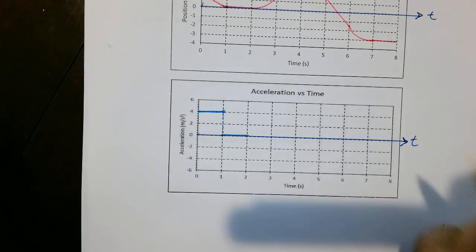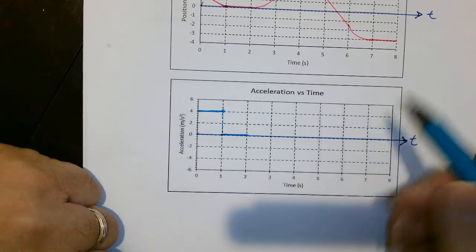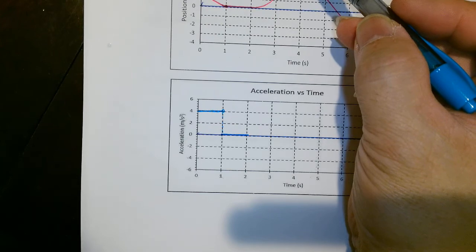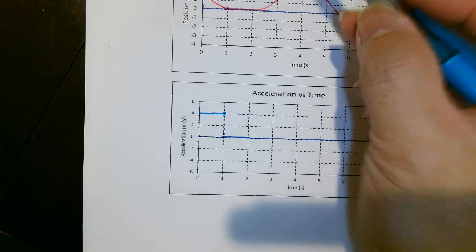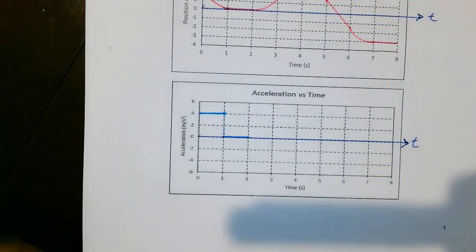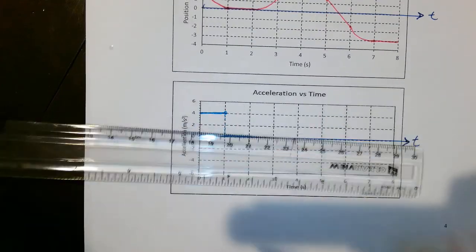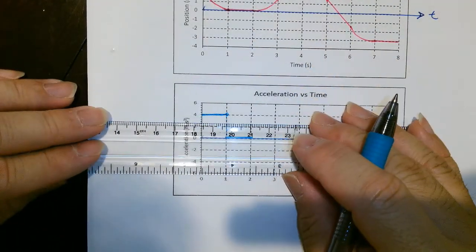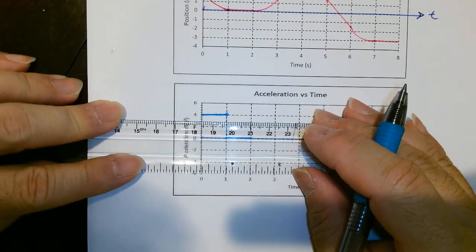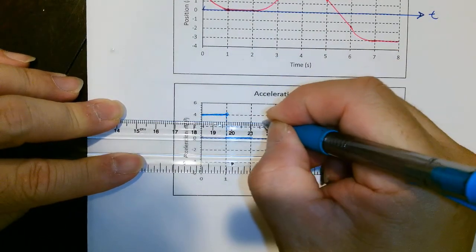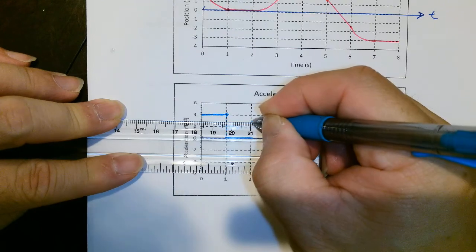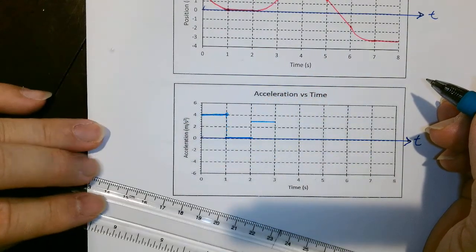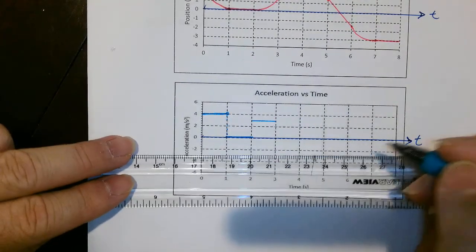All right. So next, here from 2 to 3 seconds, it looks like we have 1.5 meters per second squared is the slope value, and it is constant. So we'll make, right? I'm sorry, 3 meters per second squared, not 1.5. So 3 meters per second squared of constant acceleration from 2 to 3. And then from 3 to 4, negative 3.